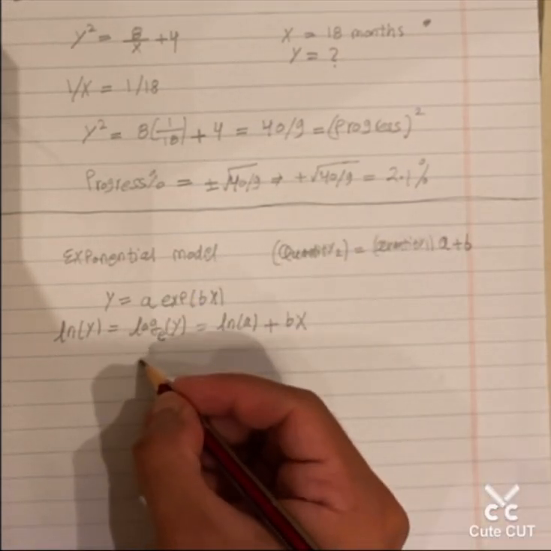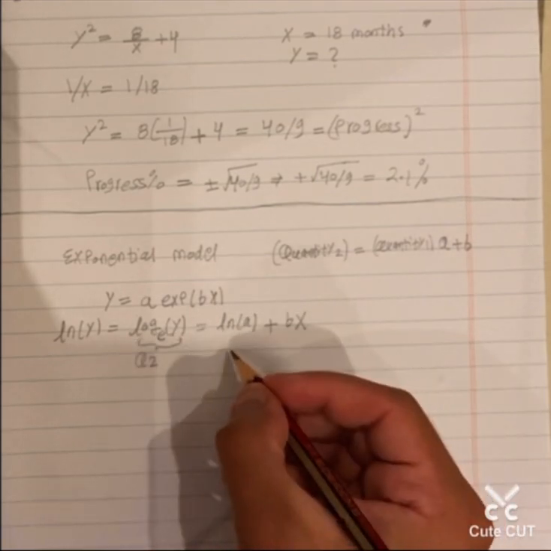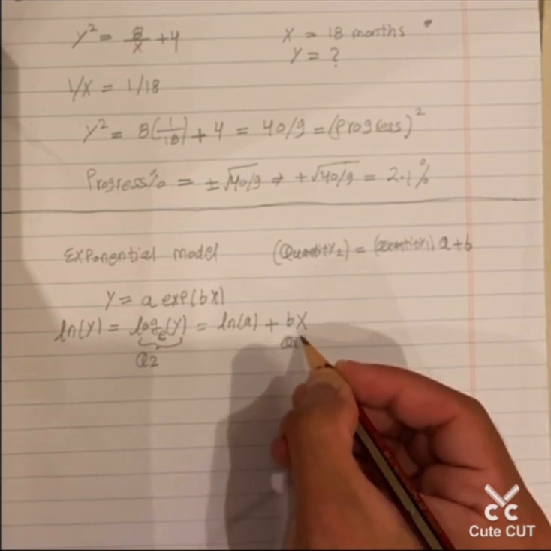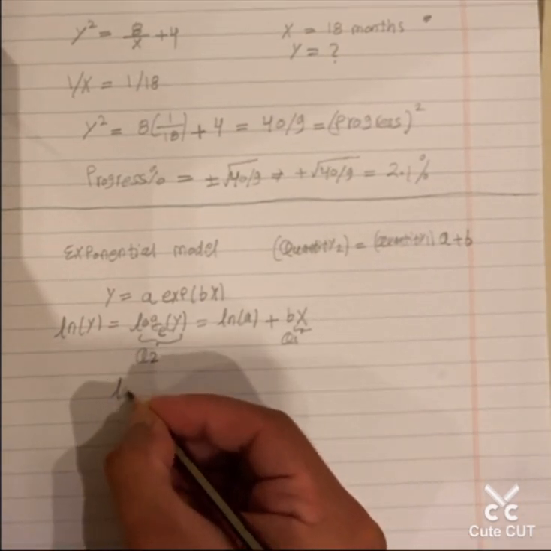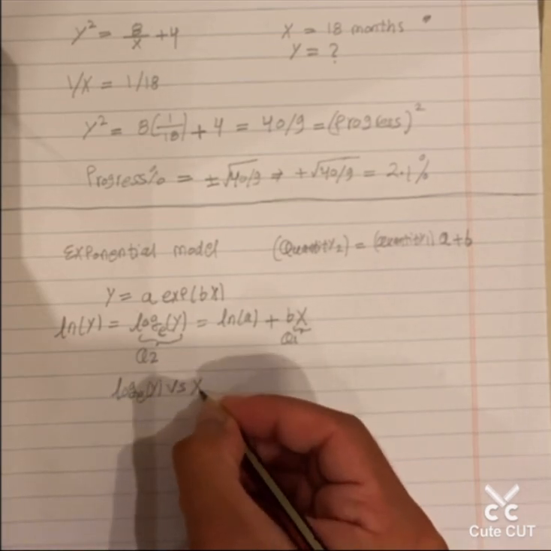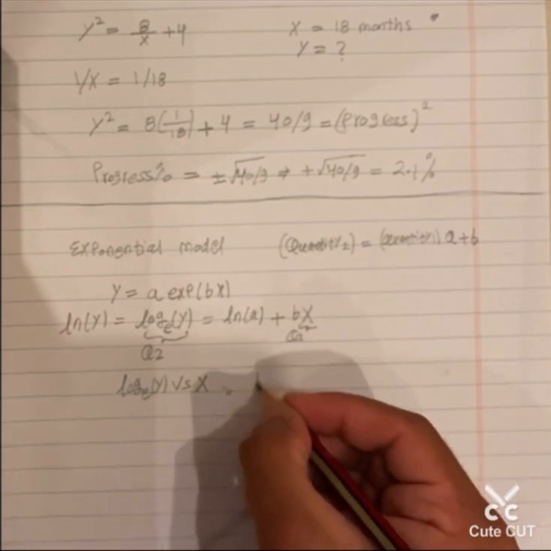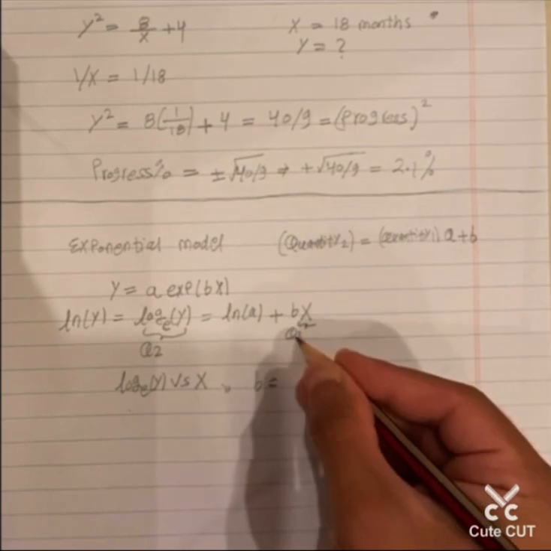Quantity 2, q2, is this one, and q1 is this one, x in this case. So ln y versus x will form a linear relationship. From this we will find b, which in this case is the slope here.